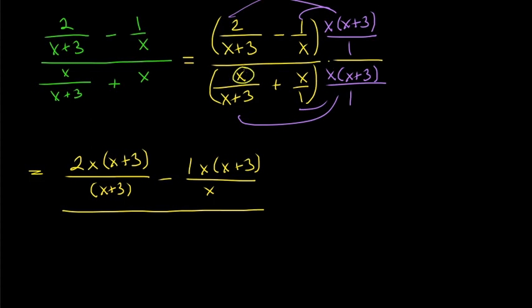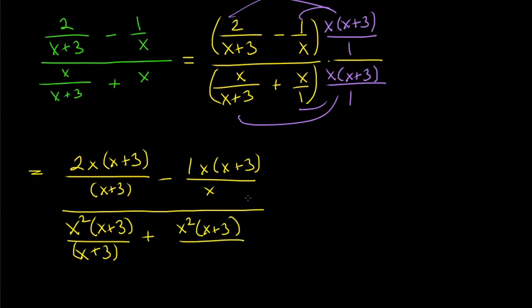We have x times x plus 3, so x times x is x squared times x plus 3, over x plus 3 times 1, that's just x plus 3. Plus, again, x times x plus 3 is x squared times x plus 3 over 1 times 1, which is 1.